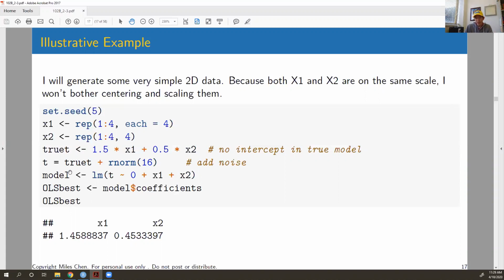And if I fit an ordinary least squares model to this data, notice in our true relationship there's no intercept, and I'm going to pretend I know that, so we're not going to fit an intercept here. I'm going to predict the true value t using our x1 and x2 inputs.